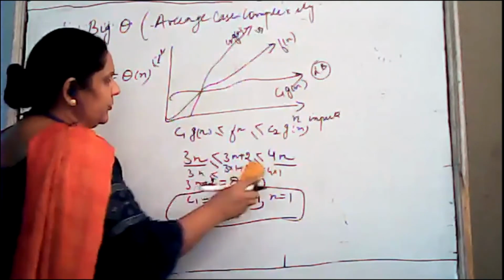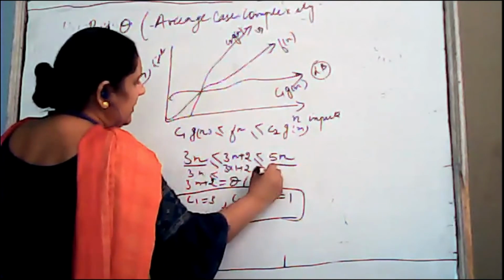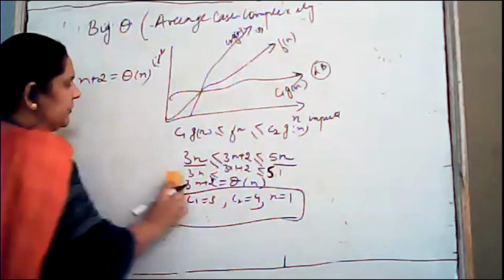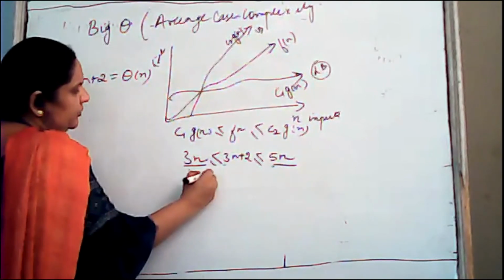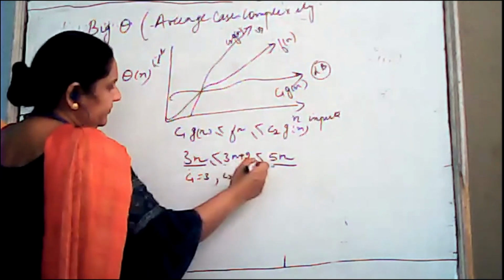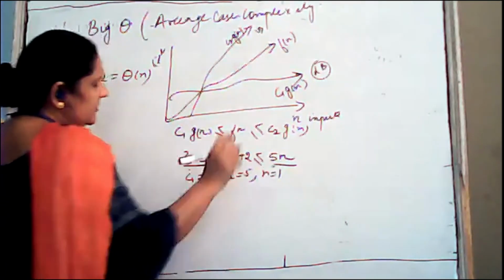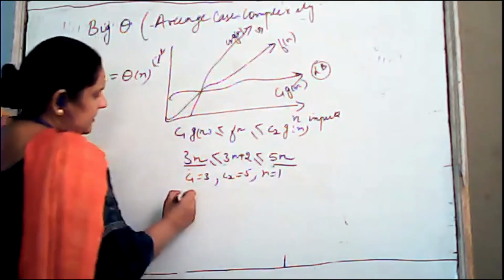Here we have to increase this to 5n because 5 is not going to be less than 4n. So this would be the tightest bound where this relation will hold, for C1 equal to 3 and C2 equal to 5 and n equal to 1. Now if I substitute the value of n as 2, what happens?